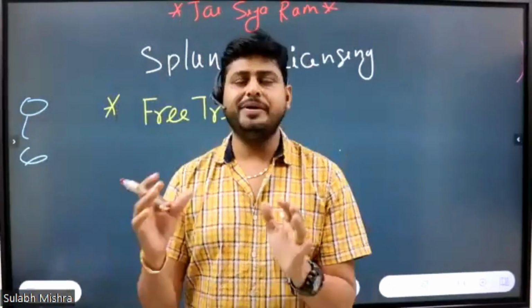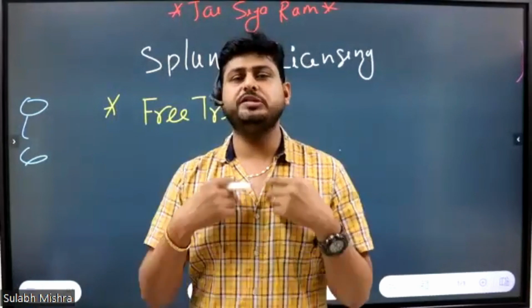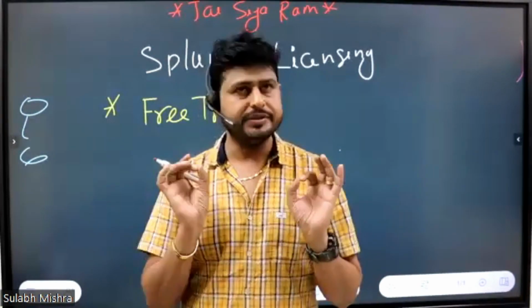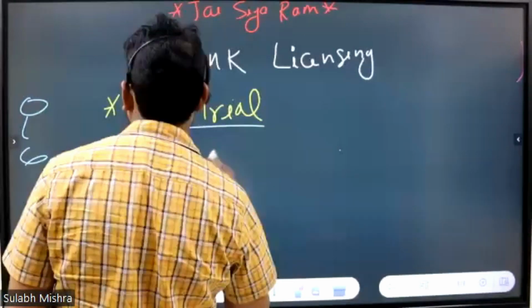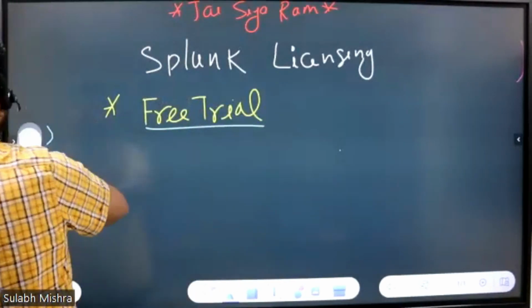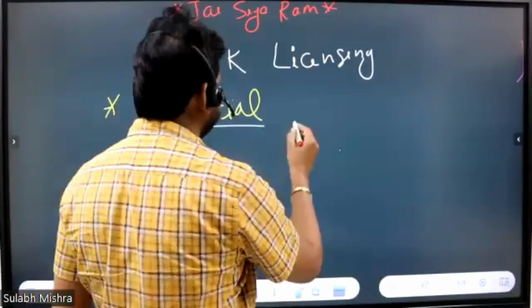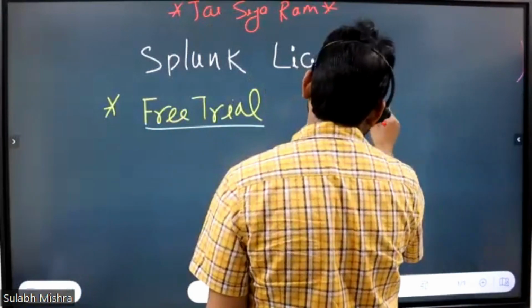That Splunk licensing is based on GB per day. Got it? So the first license on Splunk is the free trial. Splunk gives a free trial license for 60 days.